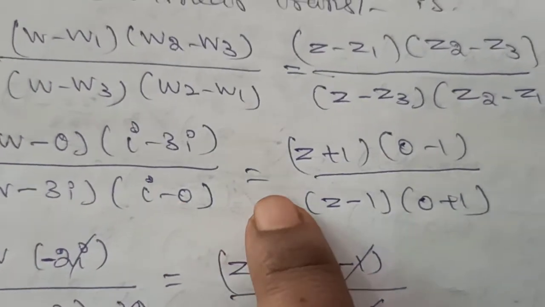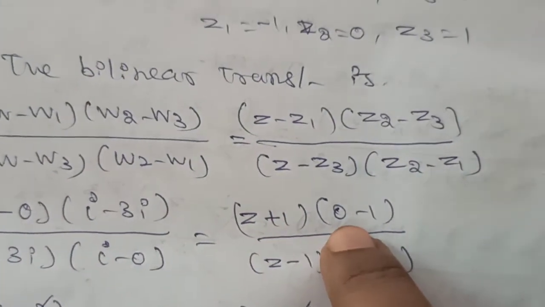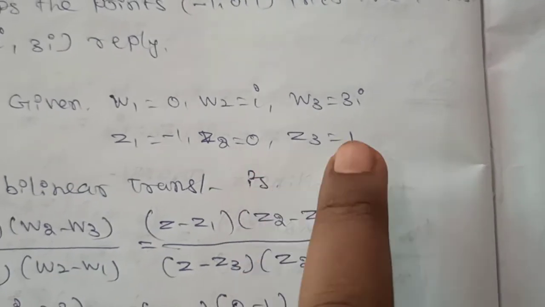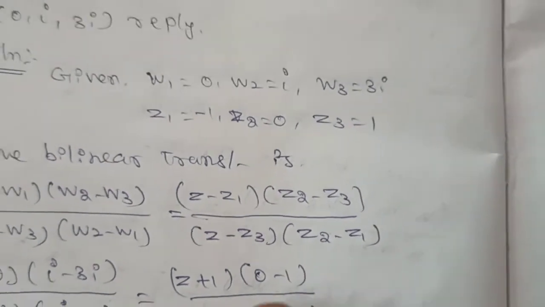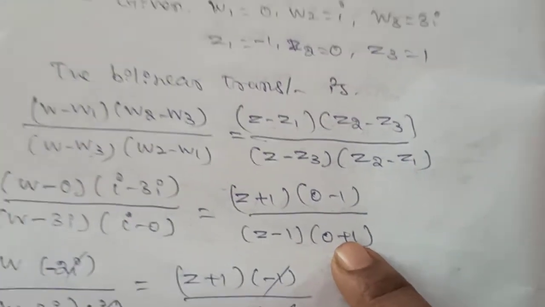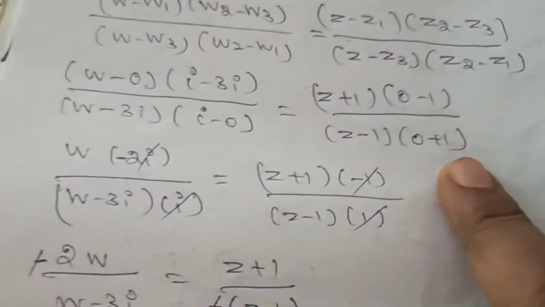This equals z minus z1, where z1 is minus 1, so minus into minus becomes plus 1, into z2 minus z3, that is 0 minus 1, divided by z minus z3, that is z minus 1, into z2 minus z1, that is 0 minus into minus, plus 1.